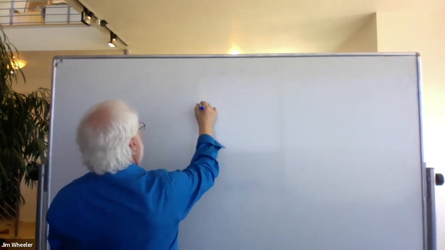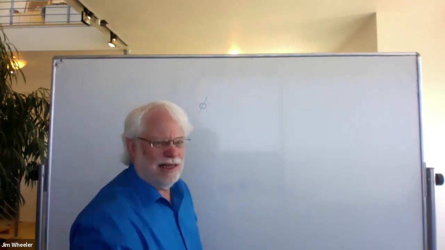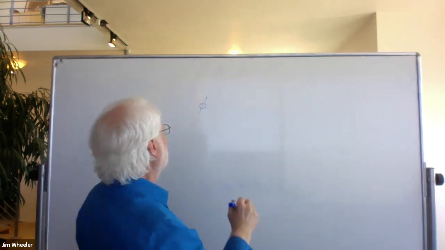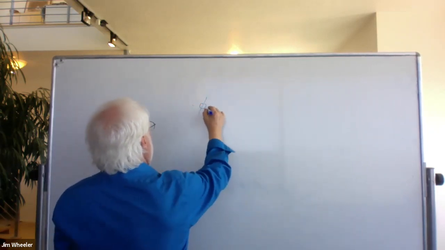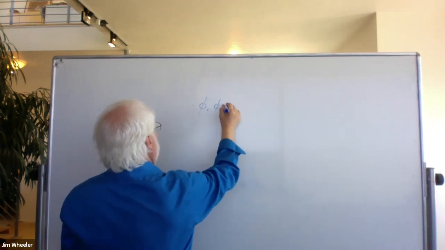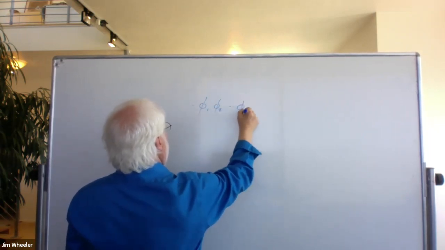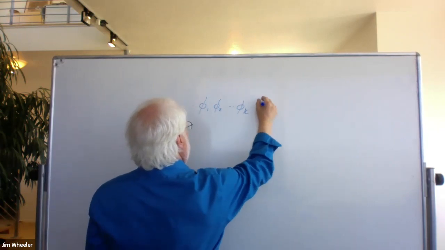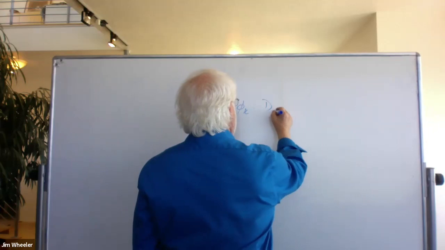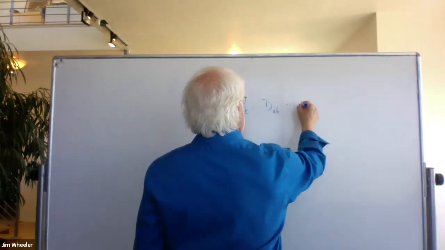Once we normal order any product, we're going to have, see, now how did I label these things? A normal ordered product of a bunch of fields up to some φ_k times a bunch of Ds, and those each have 2 indices.